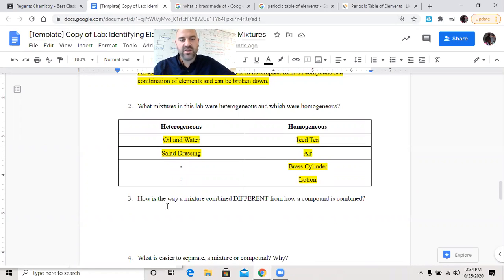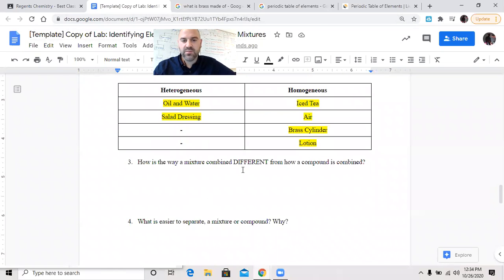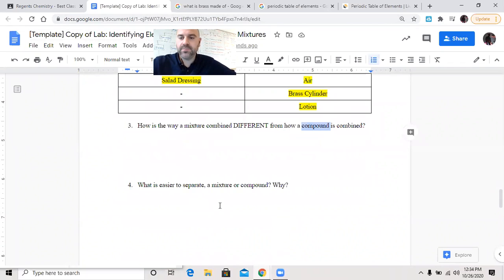Okay, next up, number 3. How is the way a mixture combined different from the way a compound is combined? So basically, what's the difference between a mixture and a compound? Please type in the chat. Yes, Tintin, thank you.